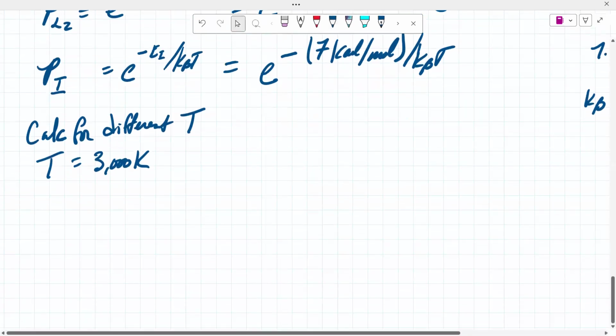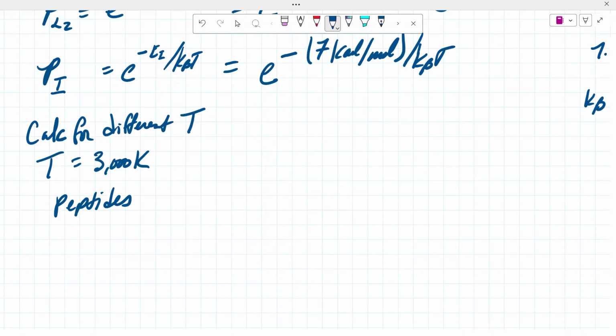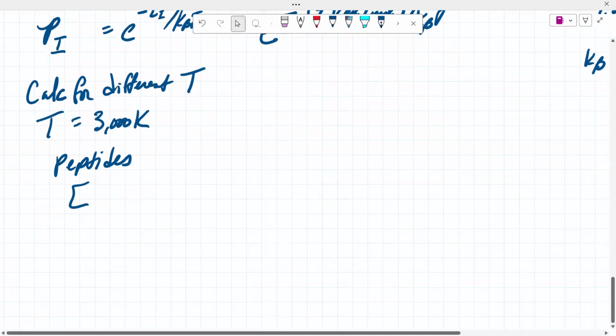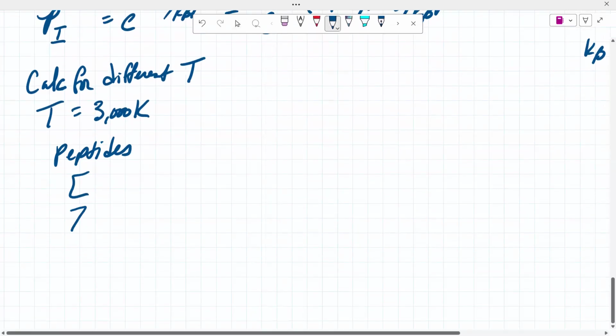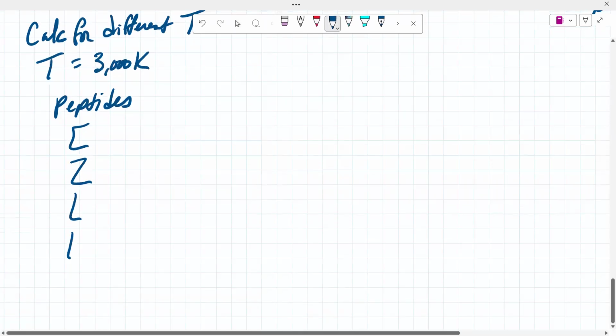Okay, well, what would that look like? These are peptides. We have the C shape. We have the Z shape. We have two L shapes. And we have the I shape, the linear one.